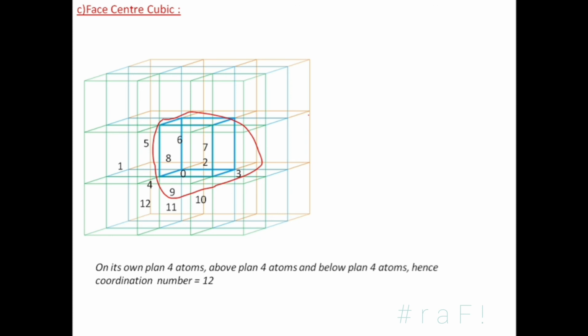Here in its own plane 4 atoms, above plane 4 atoms, that is 5, 6, 7, 8, and below plane 4 atoms 9, 10, 11, 12. Hence the coordination number is 12. Examples are copper, silver, gold, etc.